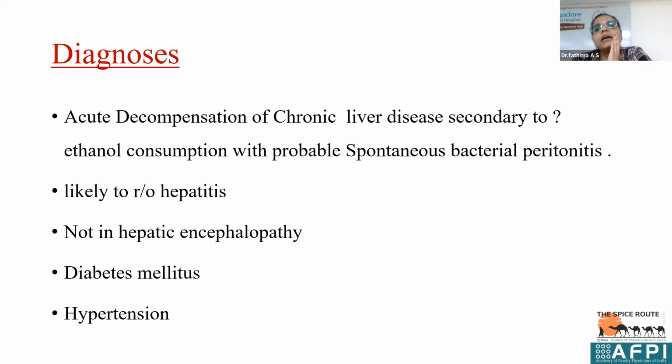The cause will be alcohol consumption, with complication of spontaneous bacterial peritonitis. The decompensation is in the form of jaundice and ascites. Ascites was an old problem. Jaundice, ascites, and hepatosplenomegaly.